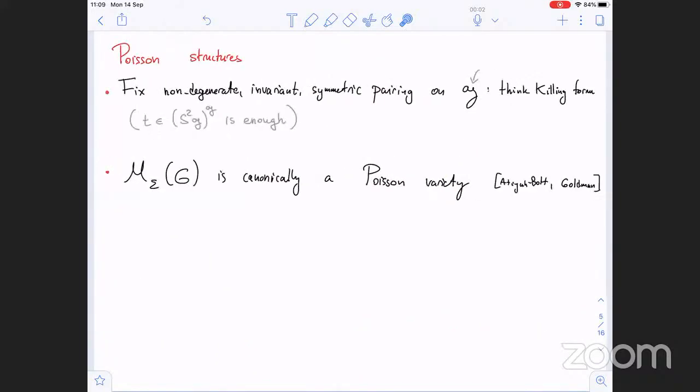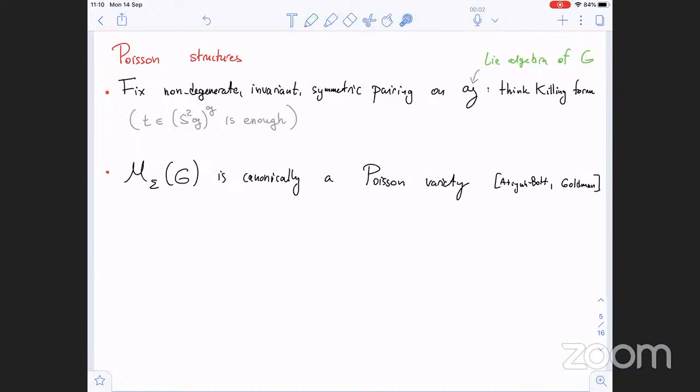So let me talk a bit about the Poisson structures on these moduli spaces. This goes back, as I said, to Atiyah, Bott, and then Goldman. One needs to fix a non-degenerate invariant symmetric pairing on the Lie algebra G. I should maybe write that G is the Lie algebra of our connected Lie group G. You should think of a Killing form.